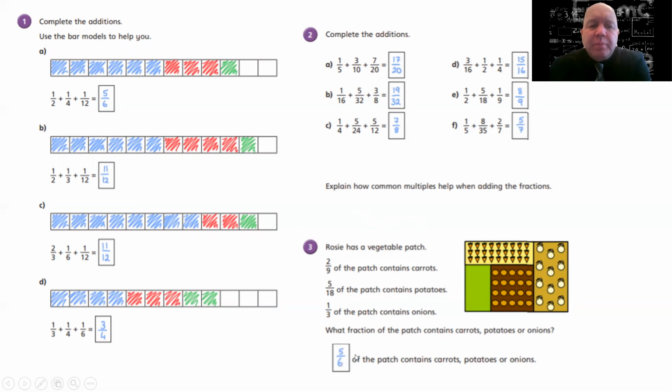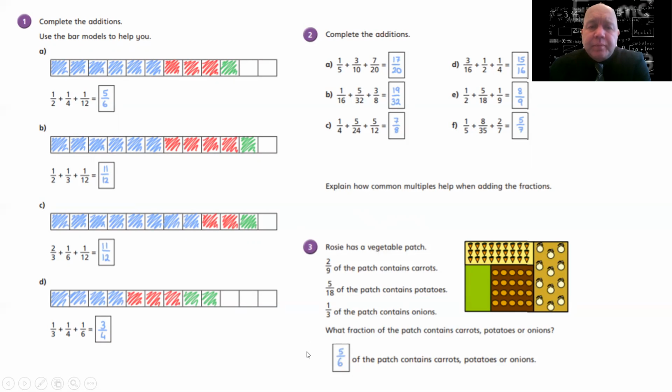Okay. So at the moment, if you had the unsimplified answers, I'm going to let you have them because it doesn't say simplified to the smallest possible amount. So if you've got the larger fraction, but you've forgotten to simplify, then you can still give yourself a mark.